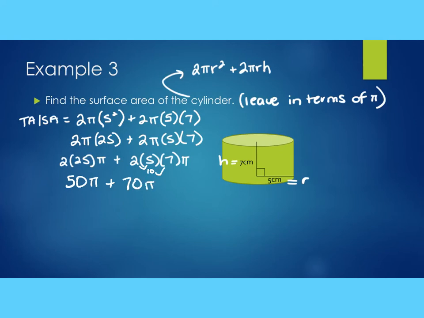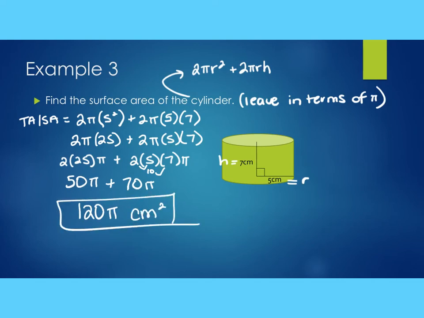And then because they both have pi on them, I'm going to add those two together. 50 plus 70 is 120 pi, and it's centimeters squared. Questions on those?